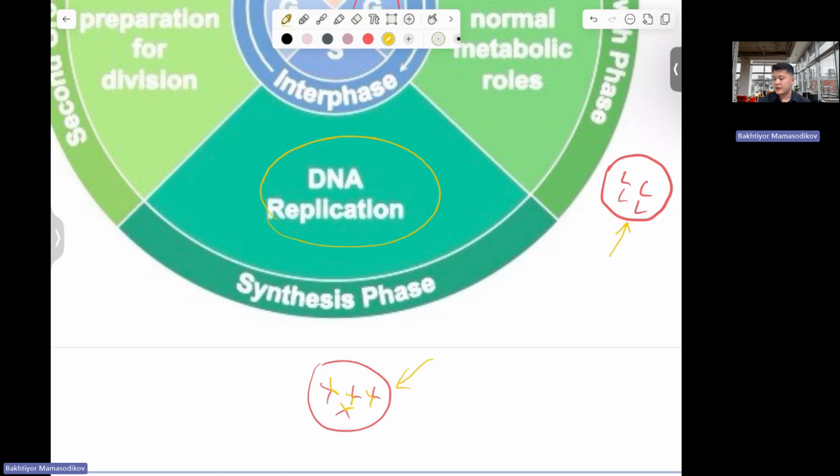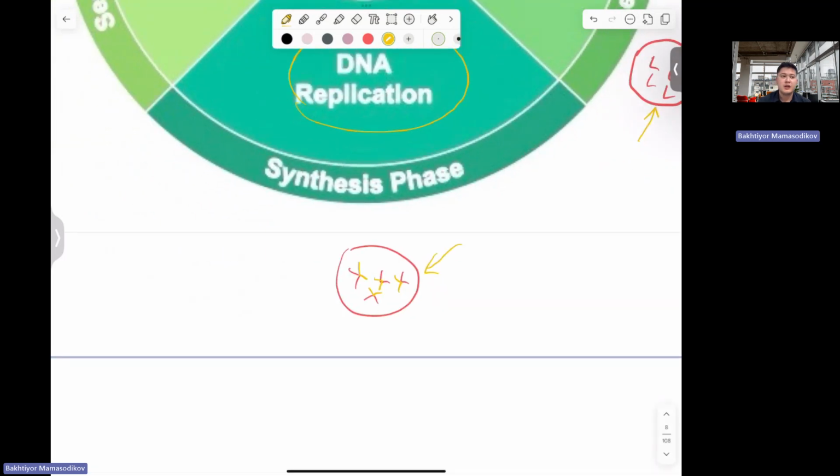So, DNA replication. We talked about DNA replication before, when we were learning about transcription and translation. We have the strand of DNA, and we are going to open this strand with the helicase enzyme. With the help of DNA polymerase, we synthesize the new strands of DNA.